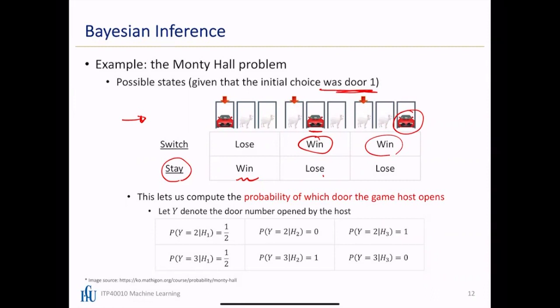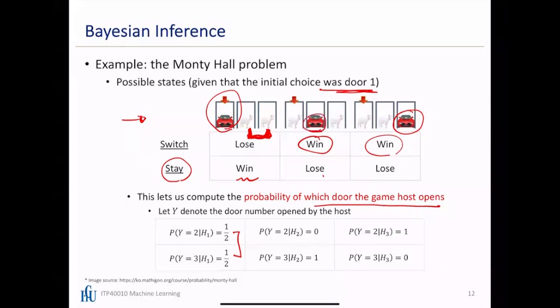Given this information, let's try to compute the probability of which door the game host opens. If the car was behind door number 1, I initially picked the right choice, and the remaining 2 doors have no prize. So for the game host, there is no meaning in choosing one of the doors. Basically you have half and half probability. The game host can open either door.